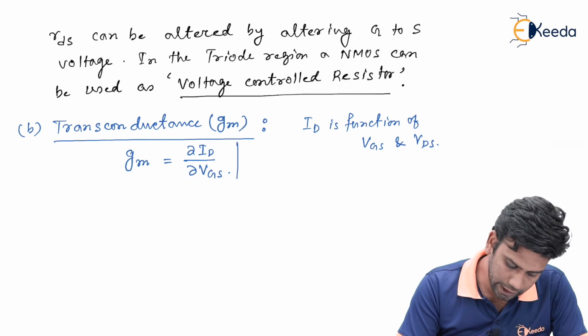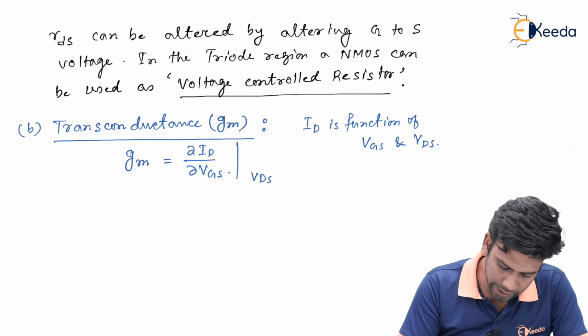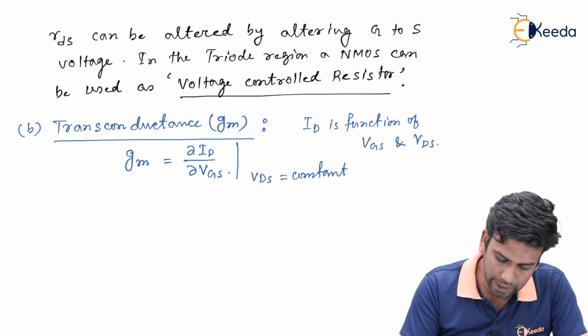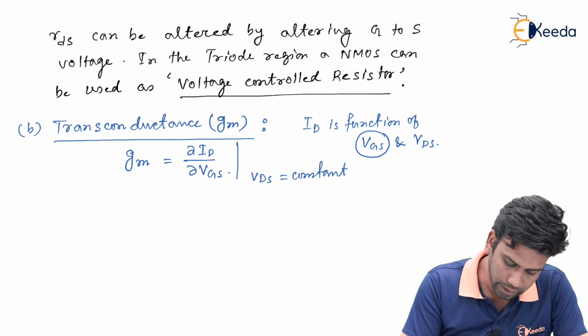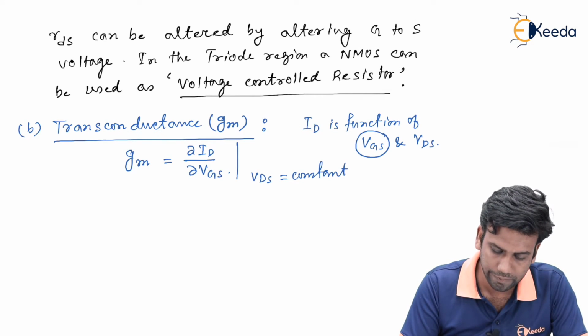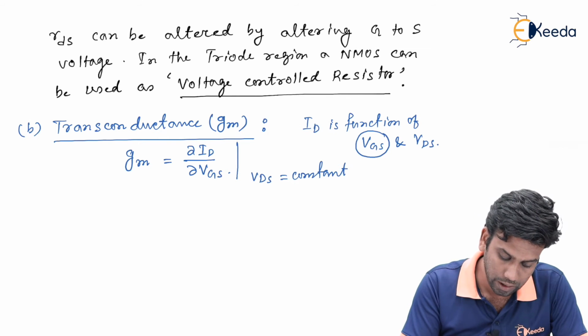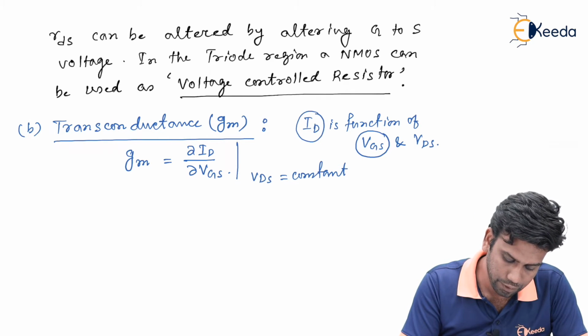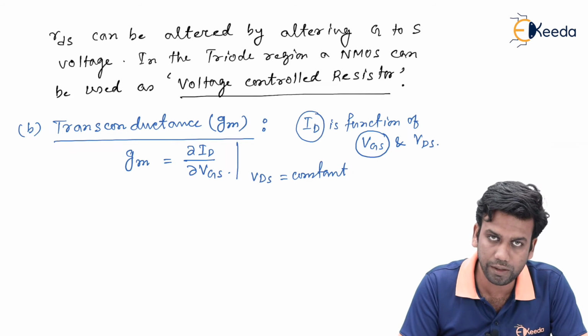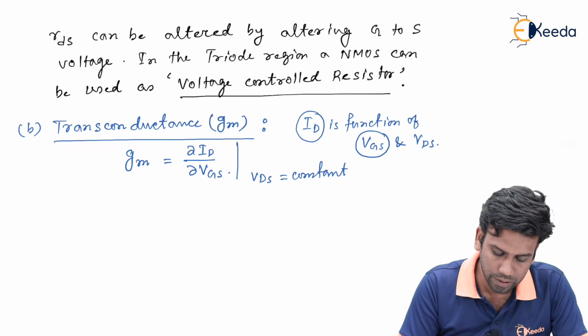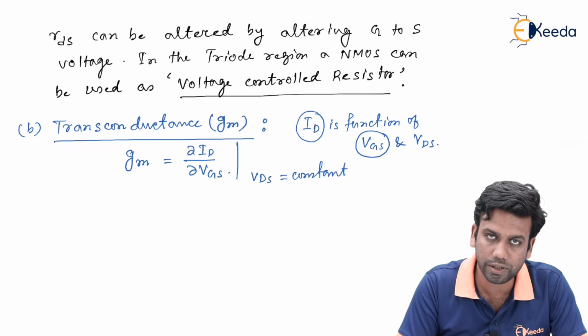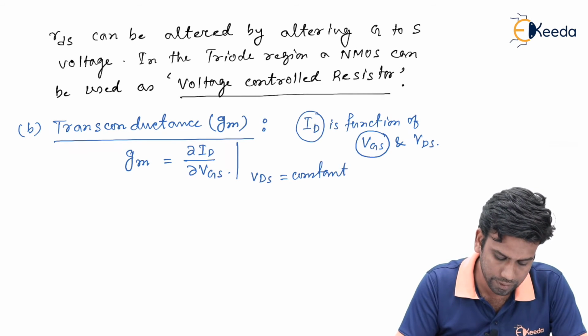So, if I keep VDS constant and if I change the value of gate to source voltage from some value to another value, then ID value will change from initial value to final value. So, change in the ID due to the change in the gate to source voltage at constant VDS is termed as the transconductance of the NMOS.